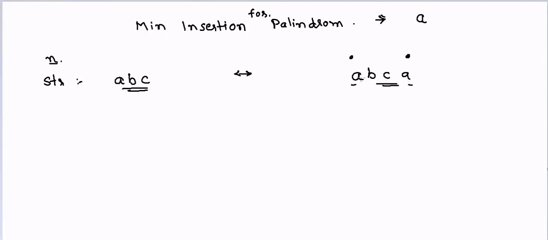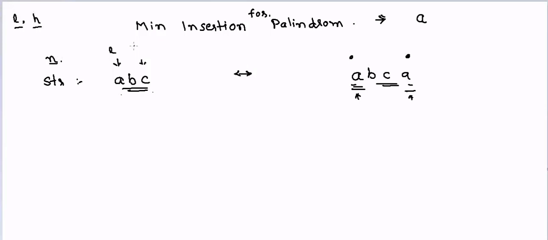When writing an algorithm, we may need to pass the first and last pointers to it, so we'll pass the starting point, I'll say L, and the ending point, H.